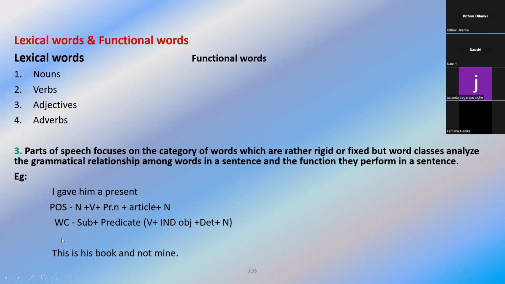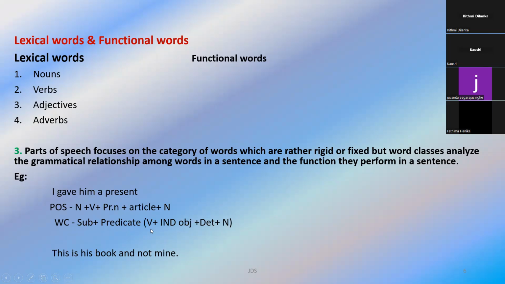From the modern point of view, that means based on the word class, the modern point of view always uses the label word classes. How are they viewing the subject? I is the subject of the sentence. And then you have the predicate. Gave him a present. The rest of the words fall under the predicate.